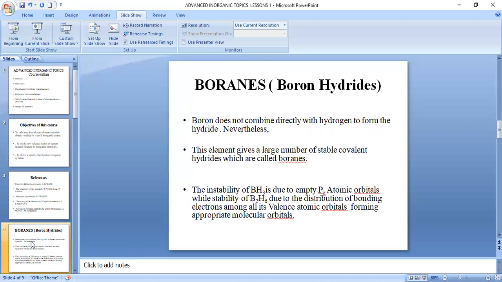Under hybridization, one of the electrons in the 2s orbital jumps to the empty p orbital, resulting in the formation of an empty pz orbital. So it is the presence of this pz orbital that accounts for the instability of the boron hydride.